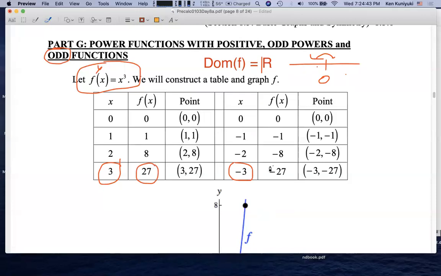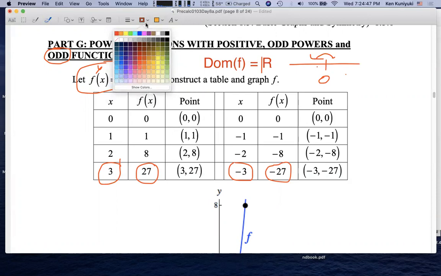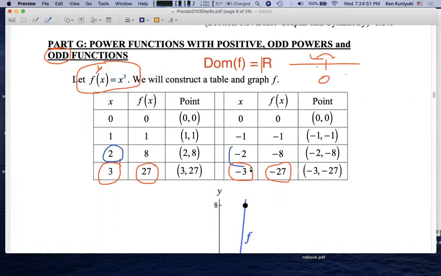Positive 27 versus -27. Or, if you take more humble numbers, if you input 2 and -2, you get as the cubes, the y coordinates, 8 and -8, which are opposites. If you input opposite values of x, you get opposite values of y, opposite function values, as outputs.